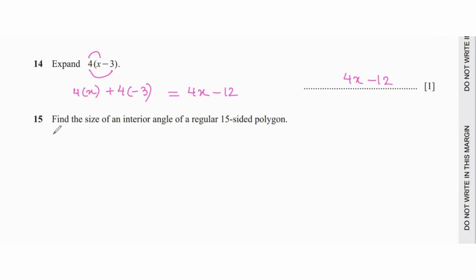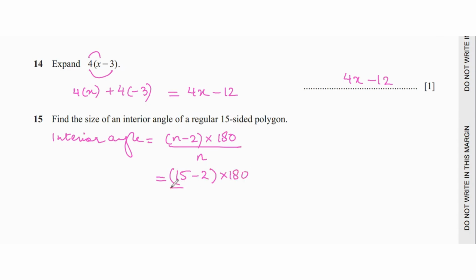So the interior angle formula is n minus 2 times 180 over n. N is given as 15, so 15 minus 2 times 180 over 15. So that gives us 156 degrees.